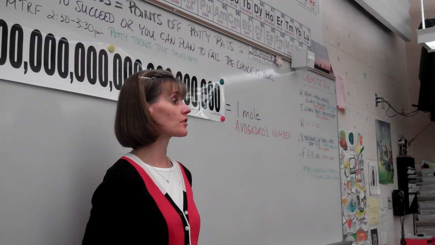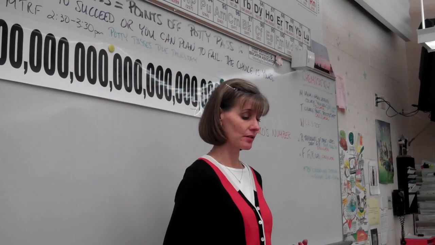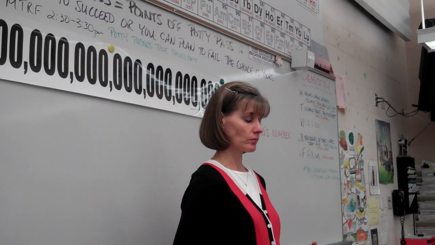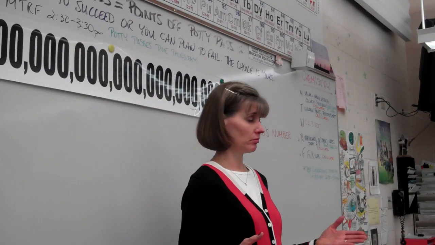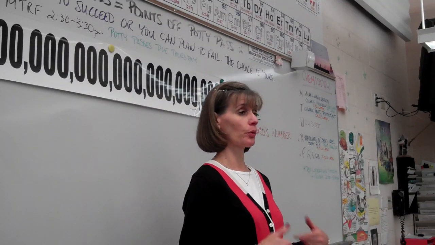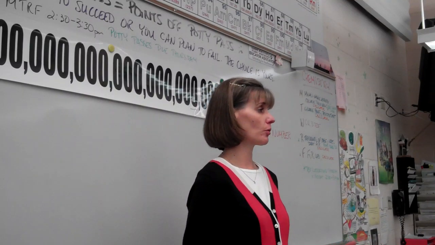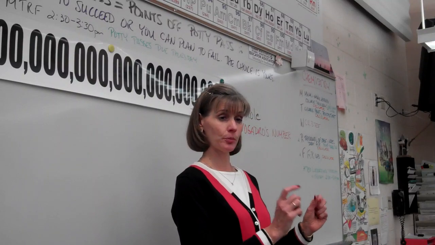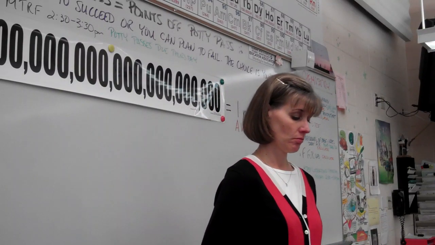It's consistent. It is a defined size. It's attached to some sort of measurement. So when we're reporting something out, we're not just writing down the units. We're writing down a measurement along with it, with a specific set of units.